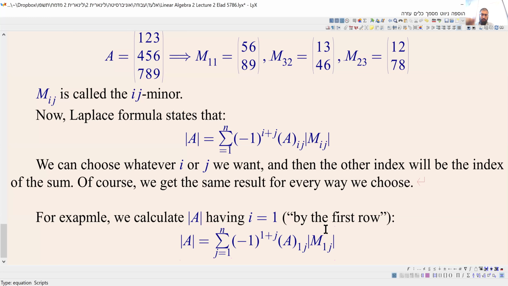We already saw last week that the determinant of A should be 0. And for the practice, we'll calculate it differently, say having j equal to 3, using the third column, and we'll see that we get the same result.